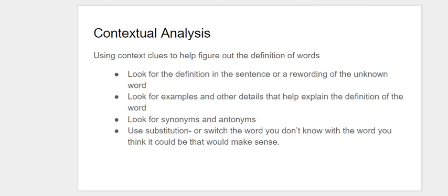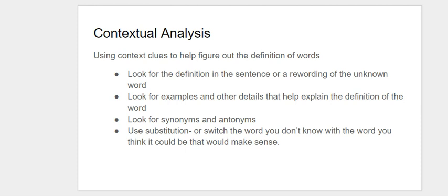Contextual analysis would be basically using context clues to help you figure out the definition of a word. So in order to use context clues to help you figure out the definition of a word, you would look for the definition of the word in the sentence, or there would be a rewording of the unknown word.